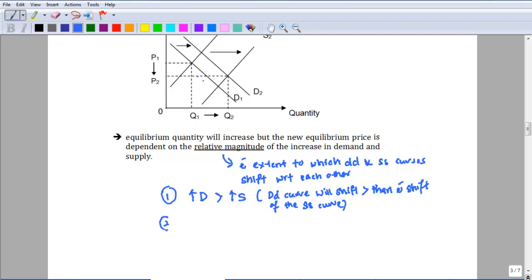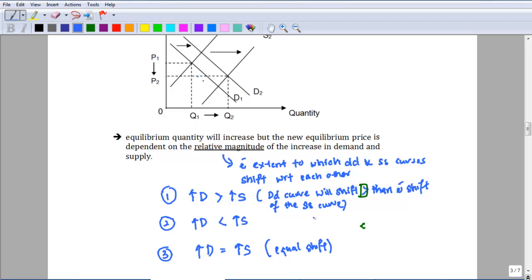Or it could be a case where the increase in demand is less than the increase in supply. So for this second case, the demand curve will actually shift to a lesser extent as compared to the shift of the supply curve. And the last case will be a case whereby the increase in demand is equal to the increase in supply. So for this case, it will be an equal shift of both curves.